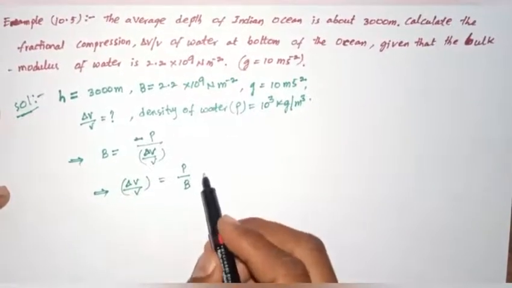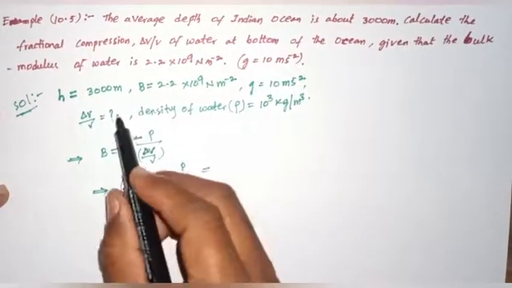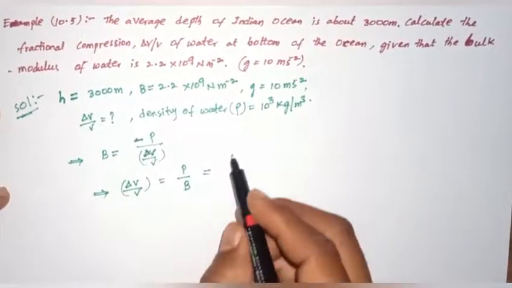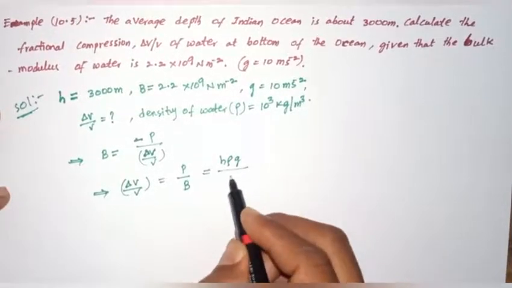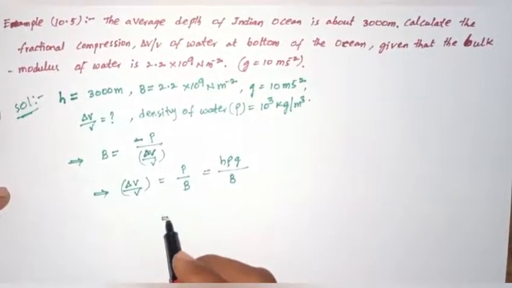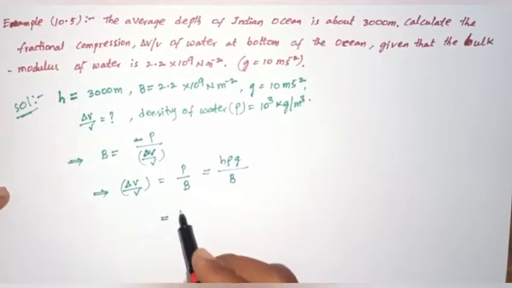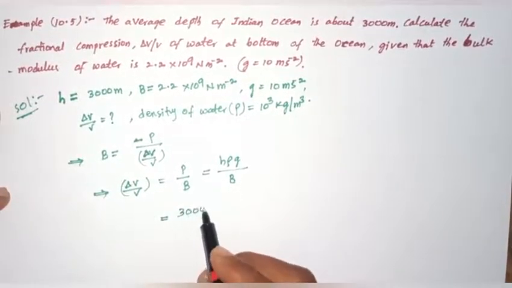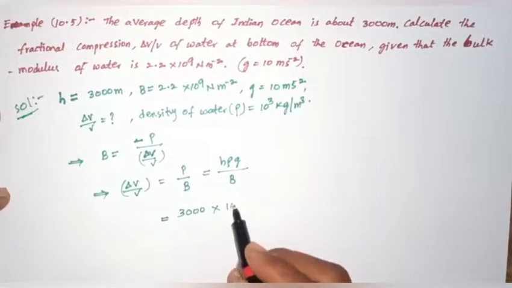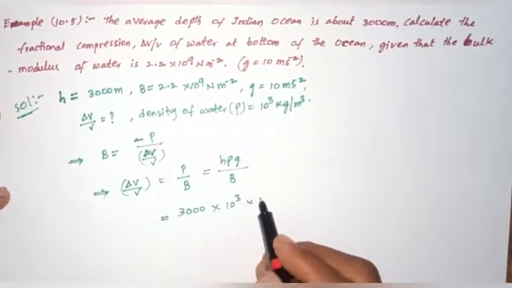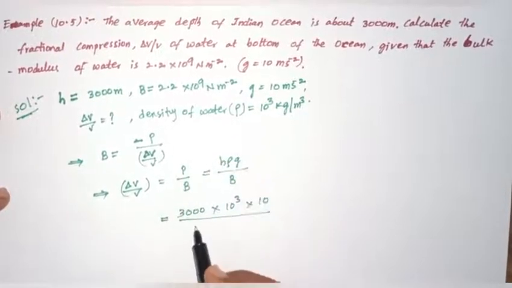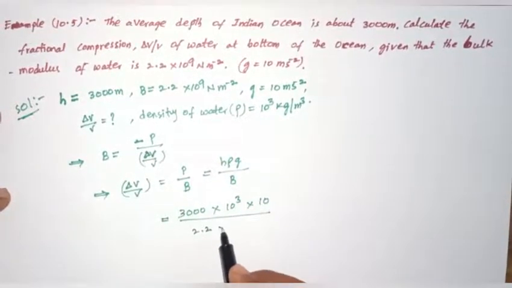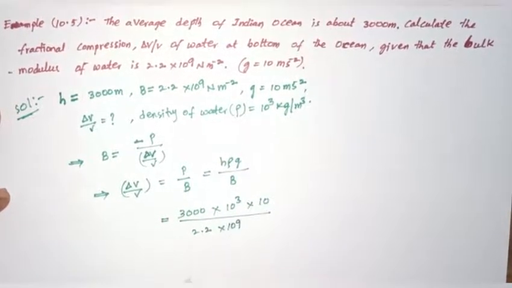First we find P, the pressure. Pressure is H rho G, so delta V by V equals H rho G by B. Substituting the values, H equals 3000, rho equals 10 power 3, G equals 10, divided by B equals 2.2 into 10 power 9.